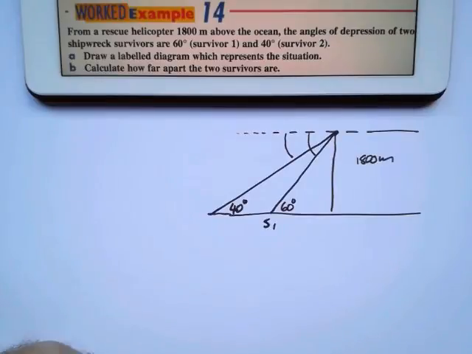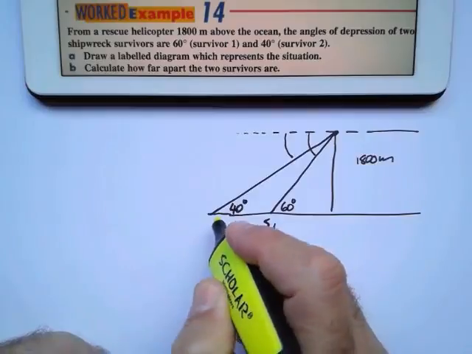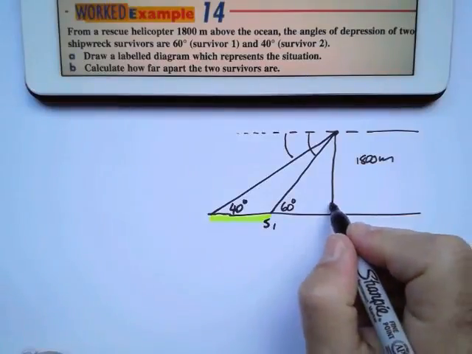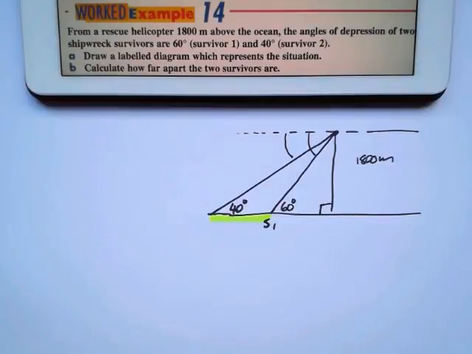So what we want to know is that distance, the yellow distance. I know at this stage that this is 90 degrees.